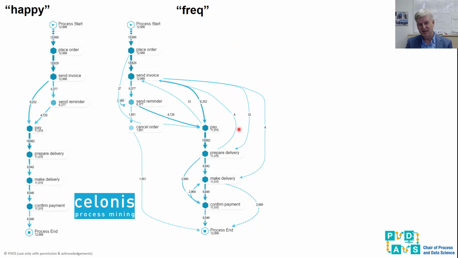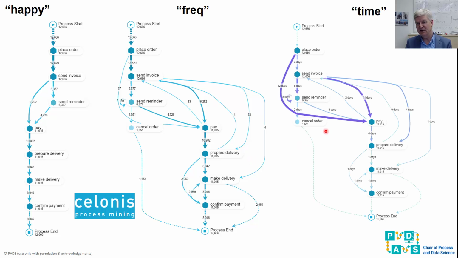So now you see these paths that are sometimes just taken 4 times. So we can look at mainstream behavior, we can see all behavior, including the exceptional paths, and we can also show time. Here thick lines correspond to frequent paths, and here thick lines correspond to parts in the process where a lot of time is being spent.